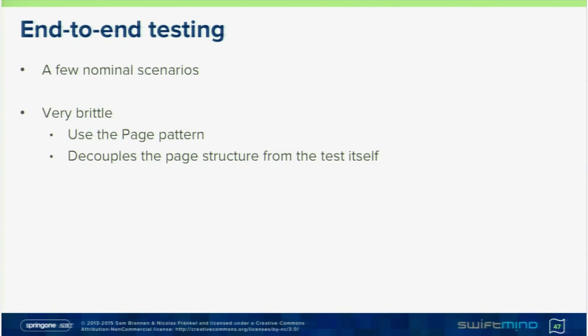So in this case, if you use Selenium, you should make use of the page pattern, meaning you should decouple the view of your page, so selecting the button, from the fact that you click on the button. Most of the time, in the same line, you select the element and then apply the action on it. Now, please separate it. Then, if something changes, you will just have to change the view of the page, not the test itself.